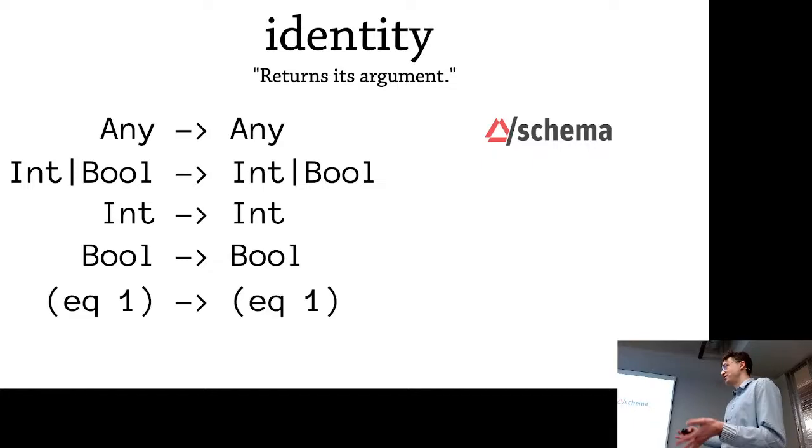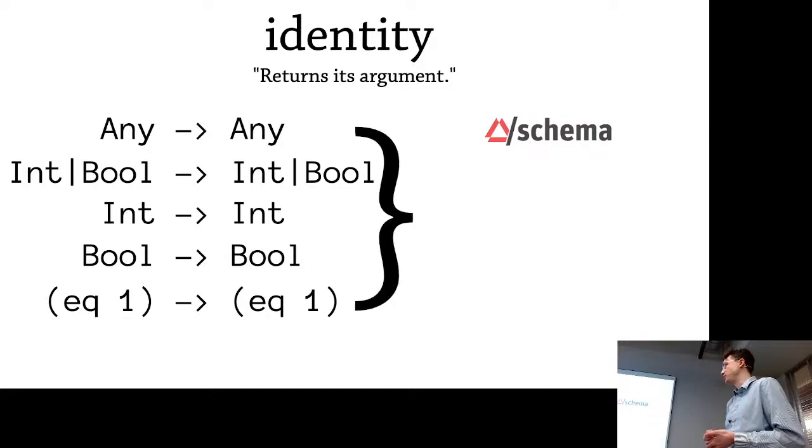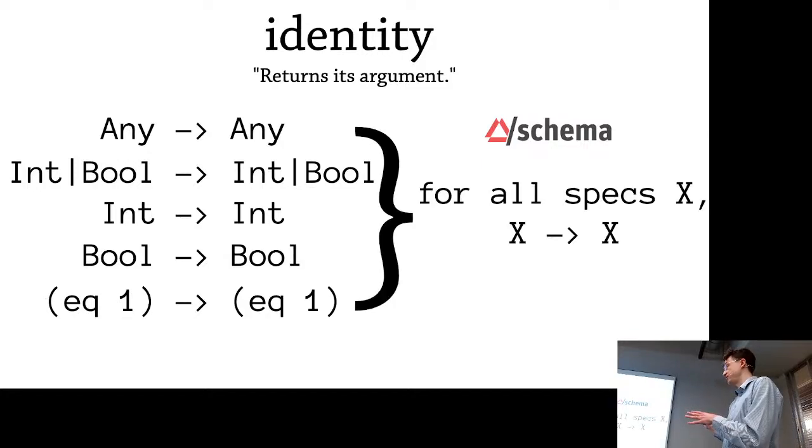And here's the kicker. If you give it 1, you get 1 back. So the general idea behind this, the theme of this talk and leveling up specs, is that we're going to package up all these specs into a single spec that's going to look more like this. It's going to say for all specs X, choose any which one. Identity is X to X.